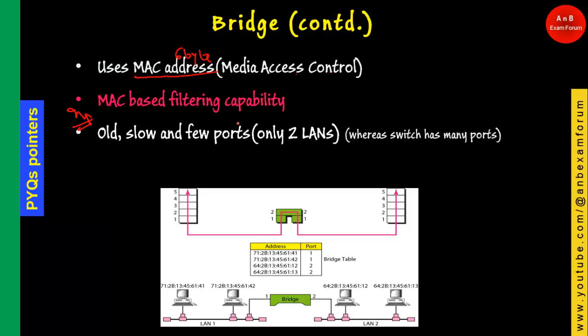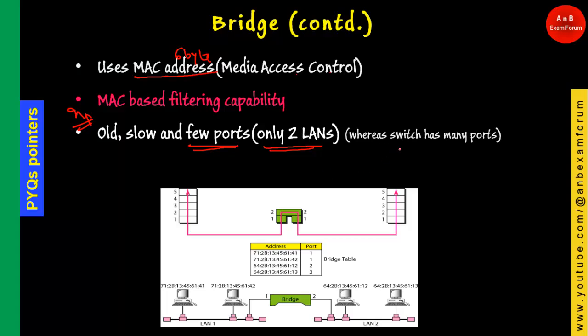The next that we are going to see is the switch. Bridge and switch commonly serve the same purpose, but the contrasting difference is that a bridge has few ports. Few ports means it can connect only 2 to a maximum of 4 LANs in one go. So a bridge can connect only 2 LANs, whereas a switch has multiple ports, so a switch can connect many LANs using that device.